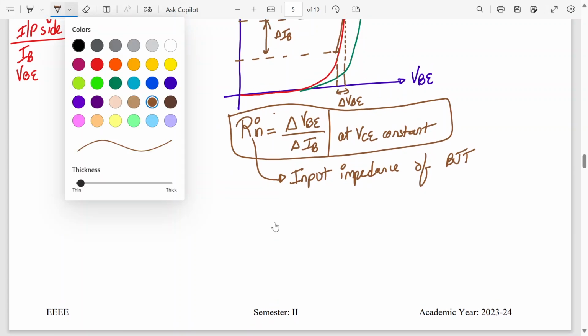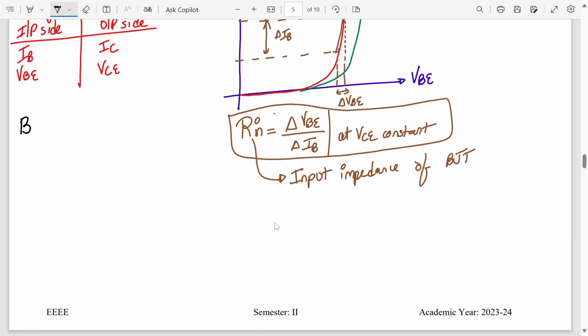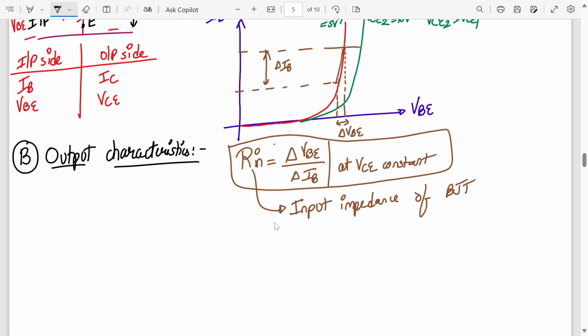Now we'll talk about the output characteristics. Output characteristics is a graph of output current, which is IC, versus output voltage, which is VCE, at a constant input current value, at constant IB.